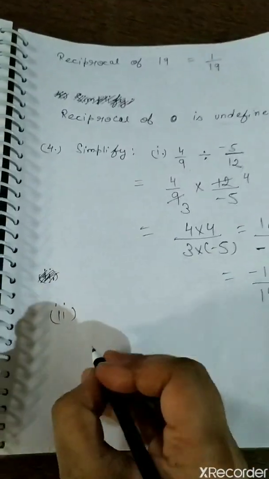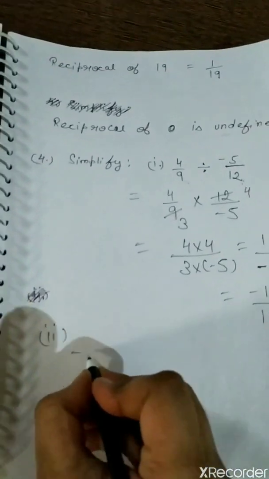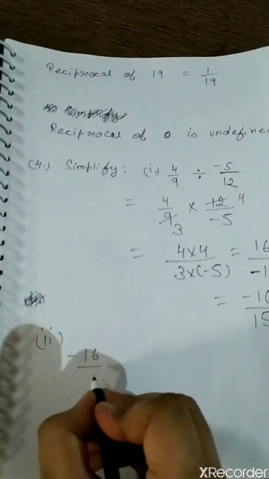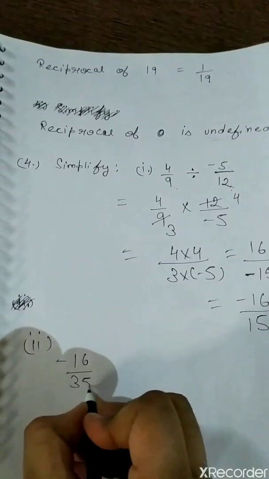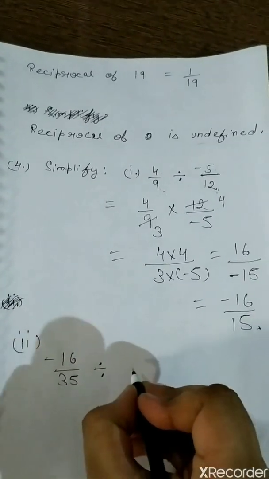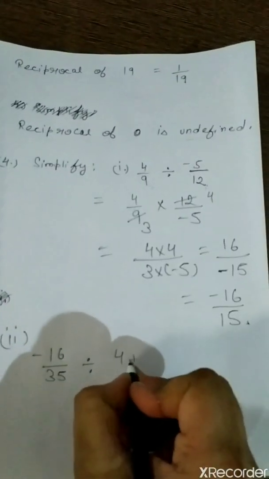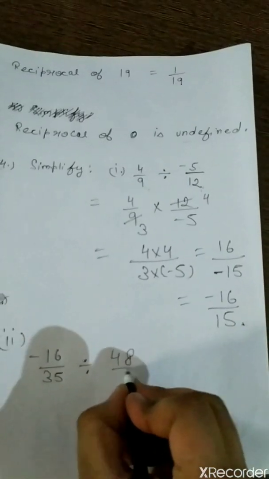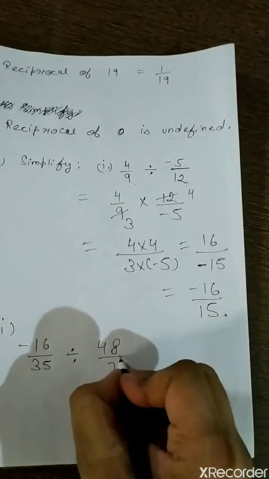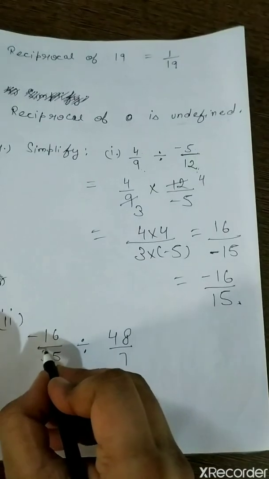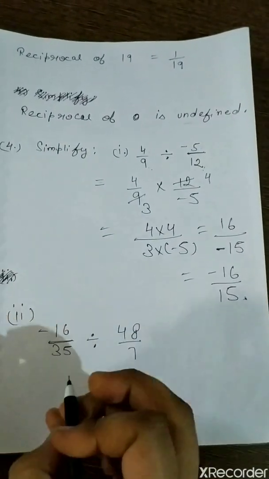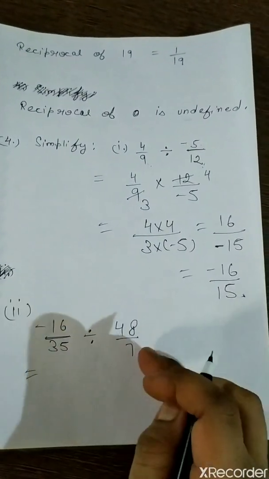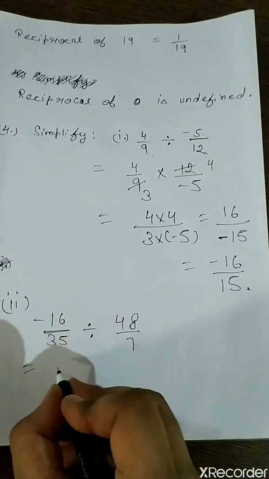Now the second question, you can see that it is written minus 16 by 35 divided by 48 by 7. So 48 by 7 is the divisor, and it is dividing the dividend minus 16 by 35. So you will take the reciprocal of this divisor.